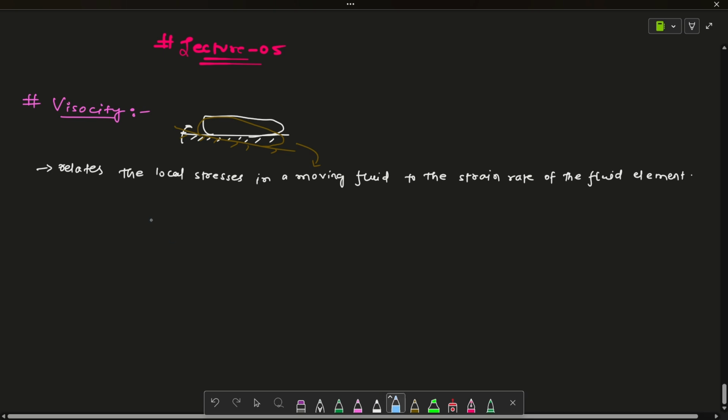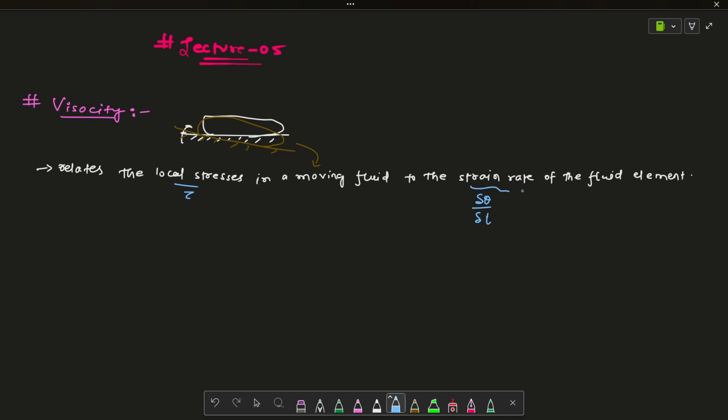Okay. Now according to this definition, the local stress we can denote as tau, and the strain rate we write as del theta divided by del t. Strain rate. So from this definition we can say that tau is directly proportional to del theta by del t.